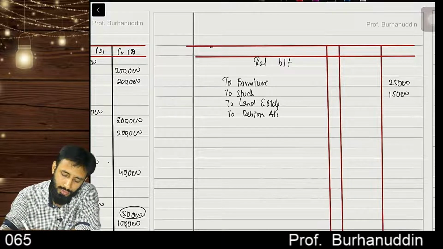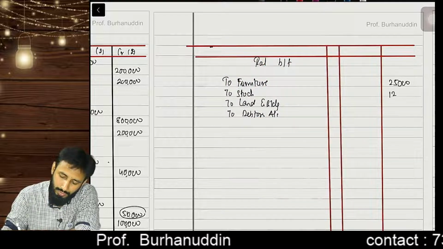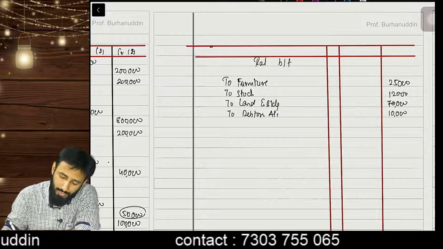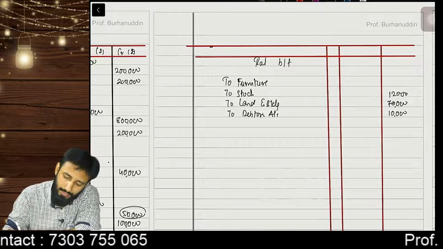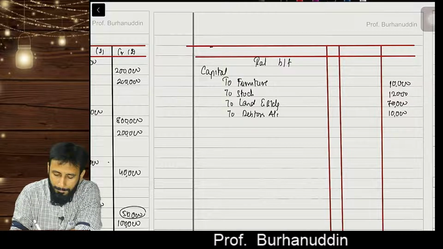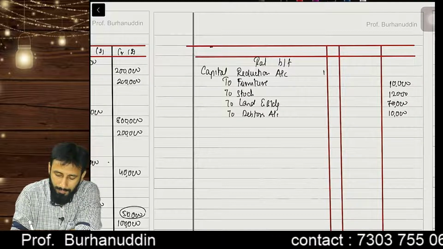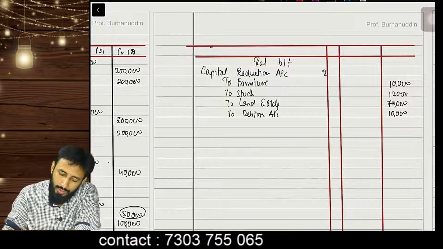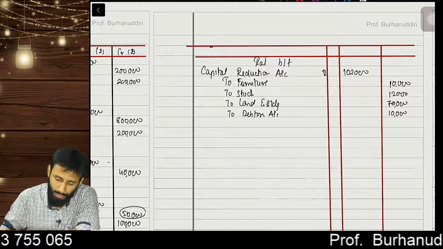No, it is 12. And the first one is 10. So 32, so 1 lakh 2,000. Capital reduction is debited by 1 lakh 2,000.